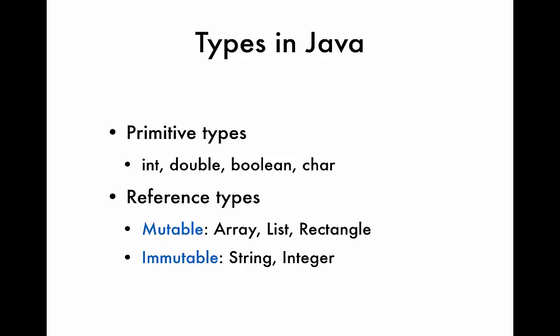Note that strings do have, for example, a concatenation operation, a plus sign. However, if str1 is hello and str2 is world, then the expression str1 plus str2 returns a brand new string, hello world. It does not modify the existing strings hello or world.